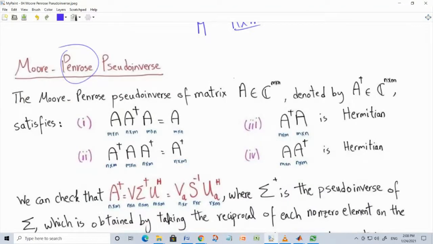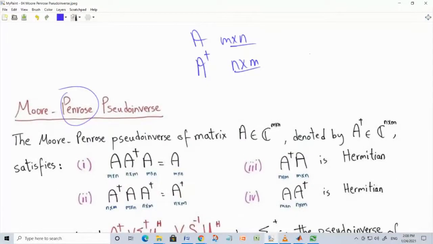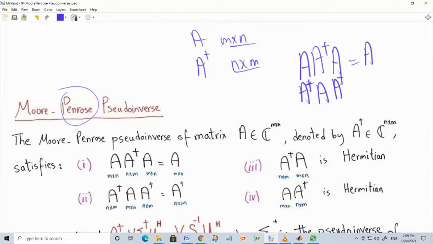So what are the 4 properties of a pseudo inverse? If you take the pseudo inverse and sandwich it between A and A, you should get A. If you take A and sandwich it between the pseudo inverse, you should get the pseudo inverse.